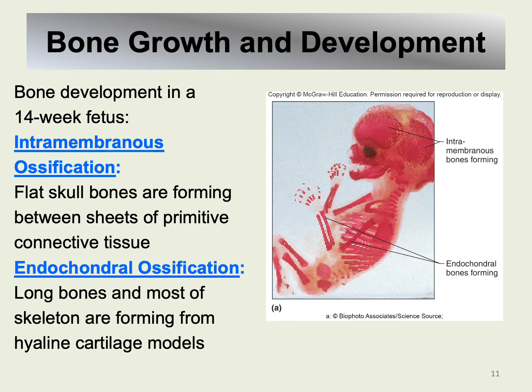Long bones and most of the skeleton are formed from hyaline cartilage. We call it endochondral ossification. You can see so little bone in this X-ray because the pinkish areas between the bones are still in hyaline cartilage form. The ossification isn't completed yet.